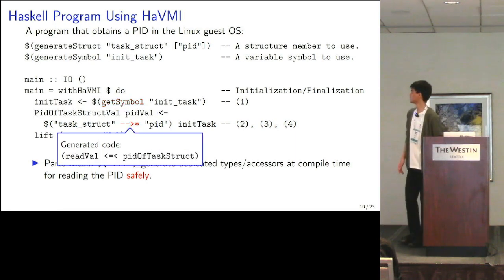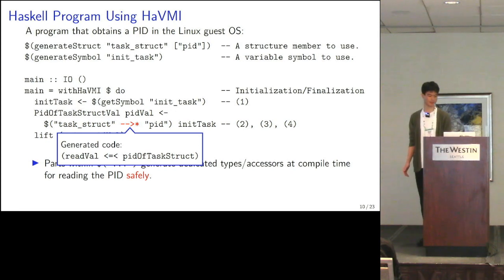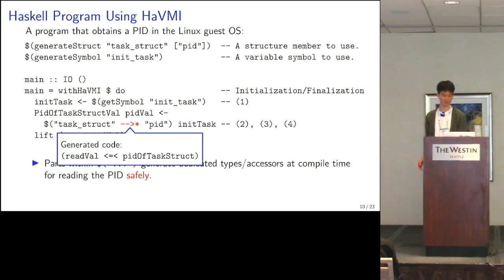And the right star arrow operator generates a snippet of code that reads the member PID in the task structure. These meta functions and meta operators are explained later in this talk.